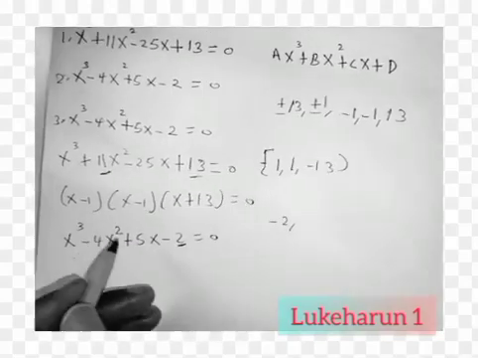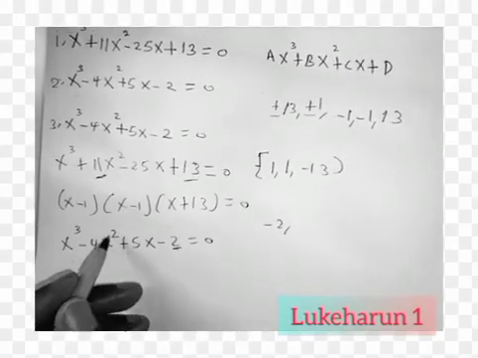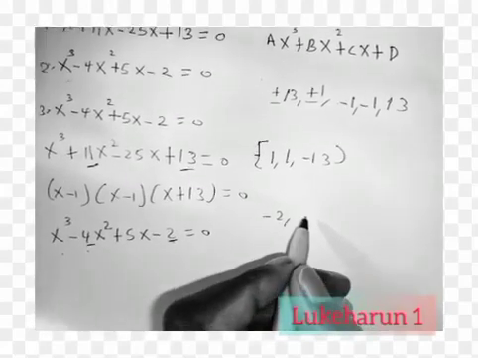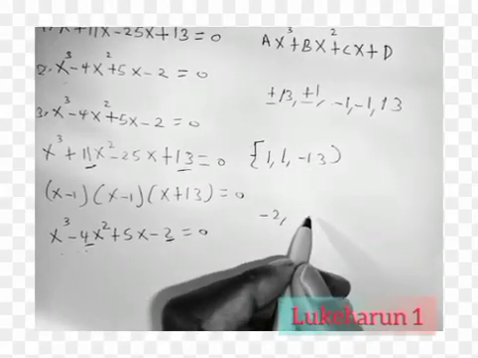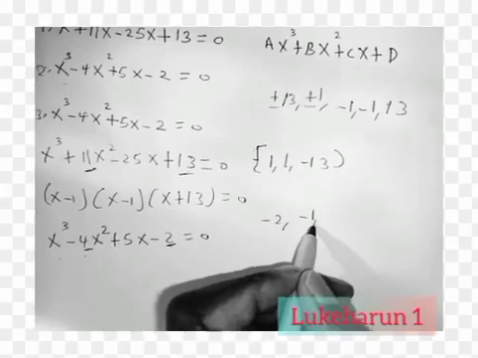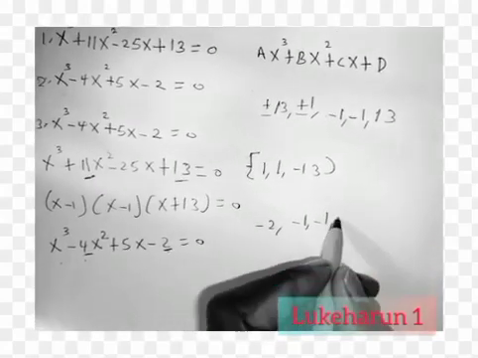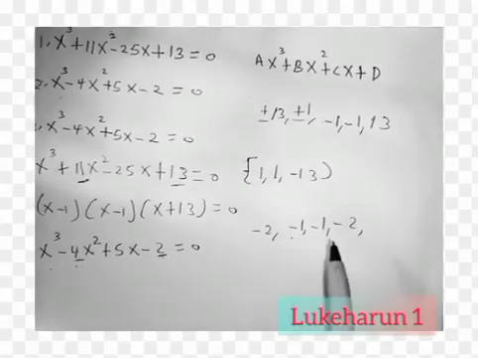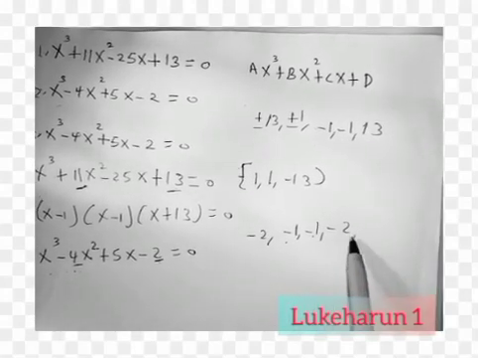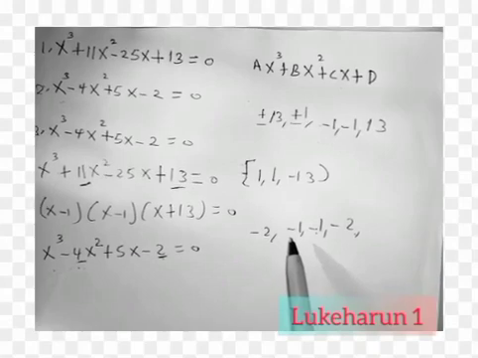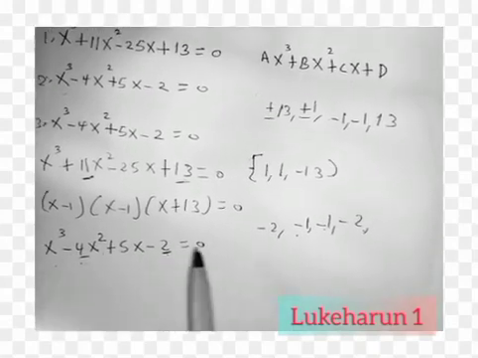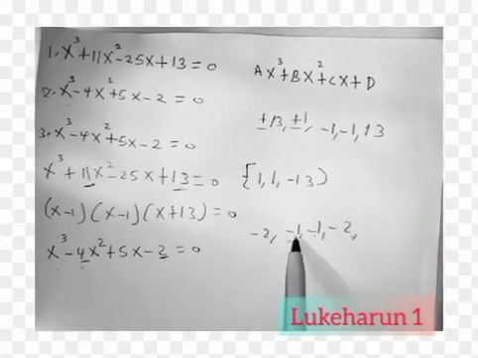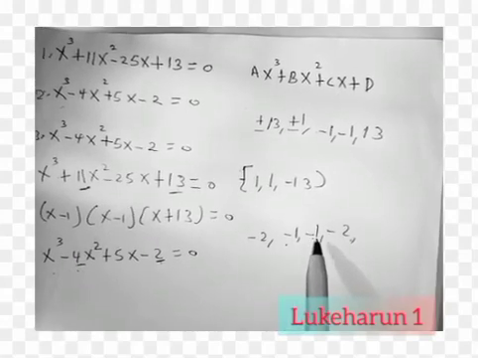So you compare the constant in x squared. The factors of negative 2 could be negative 1, negative 1, and negative 2. These are the factors, because negative 1 plus negative 1 plus negative 2 gives us negative 4. And negative 1 times negative 1 is positive 1.